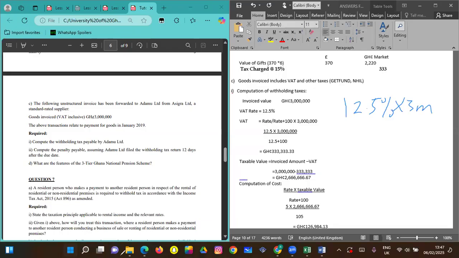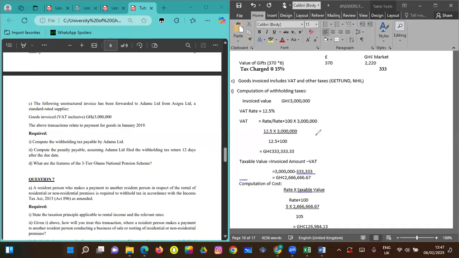So when you do that, you are going to get... Hey, it's inclusive. That amount is inclusive in there. So if we want to get the VAT, it's already inclusive.